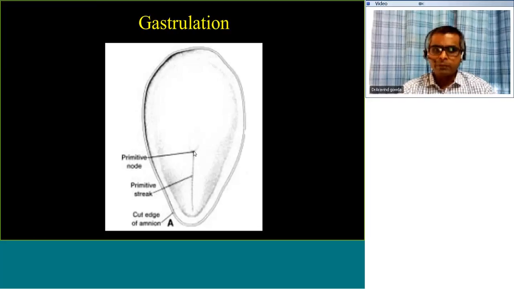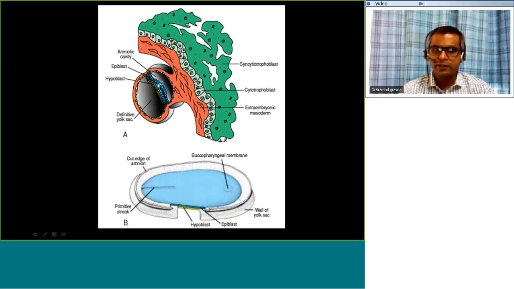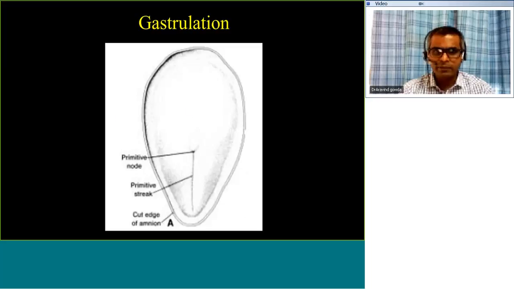This primitive node and primitive pit are very important, because the epiblastic cells, with the influence of the fibroblast growth factor secreted by the hypoblasts, form a furrow, come inwards, and migrate so that they come in between the hypoblast and the epiblast. So this is how it happens.